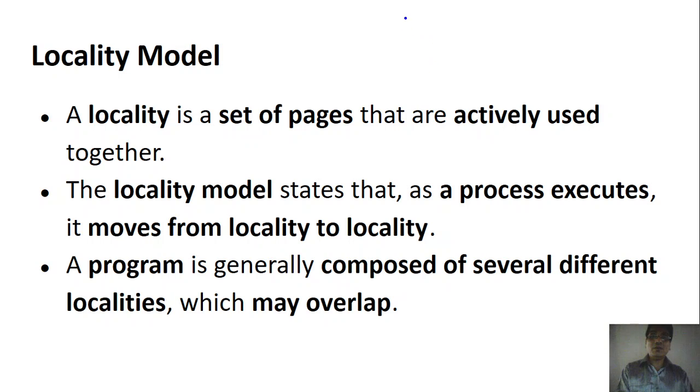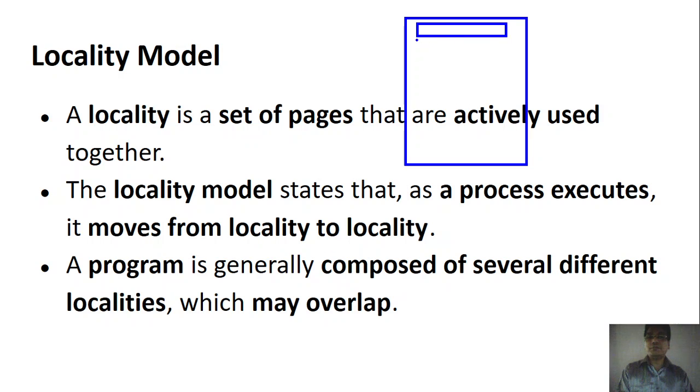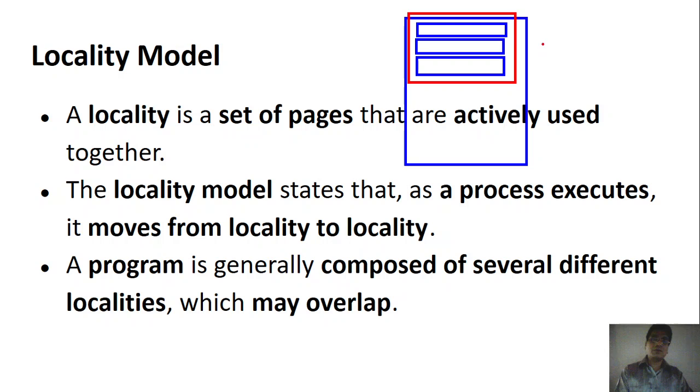Now this small area in the RAM may contain a number of pages or frames. For general discussion, frame or page doesn't make much of a difference, they are the same. So if your code is in this locality, it may read or write into this frame, the other frame, and the other frame.